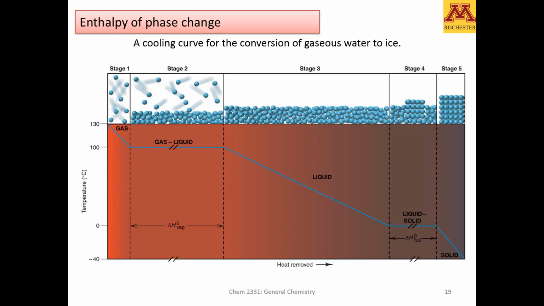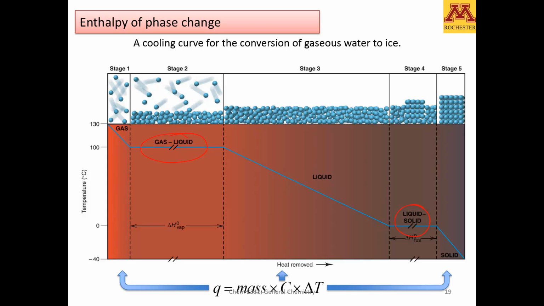At the phase change, the temperature is constant, and that's a very important distinction. During phase change, the temperature is constant, which is not the same as when you are heating up or cooling off your liquid, gas, or solid.